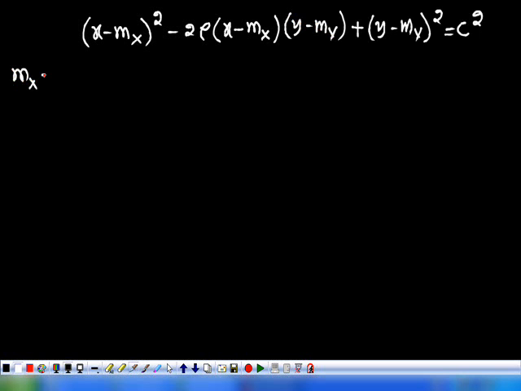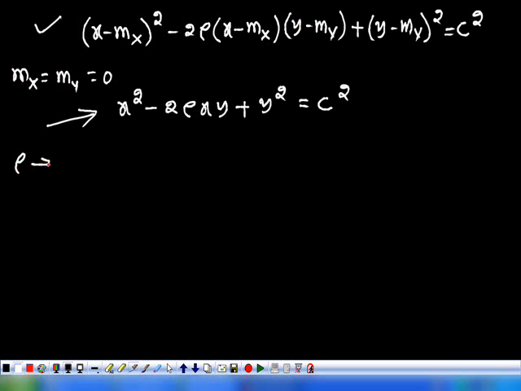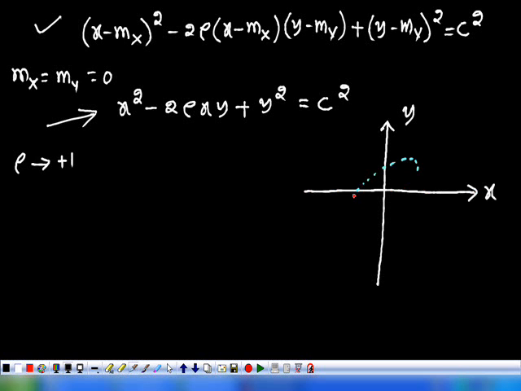Here, if you let mx equivalent to my equivalent to 0, so here, when this rho tends to plus 1, that equation can be represented as this. This angle is equivalent to 45 degrees.